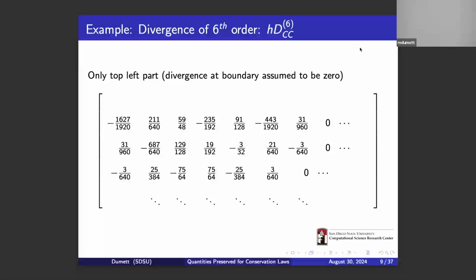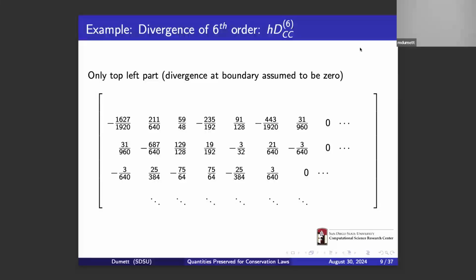Okay, so another example: this is a sixth order divergence operator. As I said, the divergence is assumed to be 0 on the boundaries, so there is a row of zeros here, and this is sixth order. For the point that is next to the boundary, this is the stencil that you use to compute.